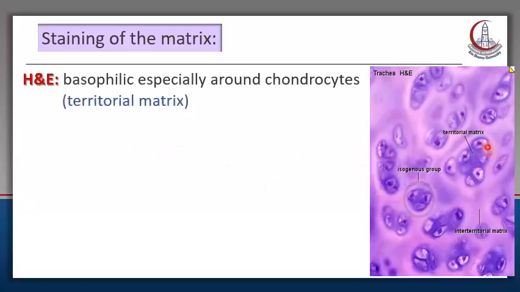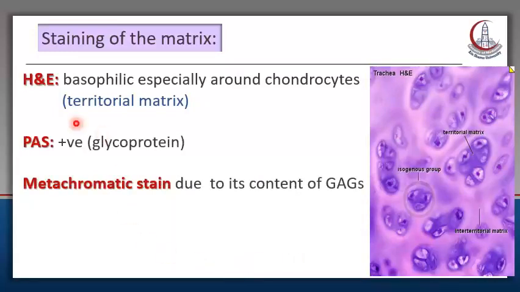So the matrix around the chondrocyte lacuna appears more acidophilic than the other matrix due to condensation of chondroitin sulfate. Also, the cartilage can be stained by periodic acid Schiff because it contains glycoproteins. It can be stained metachromatically due to its content of glycosaminoglycans.